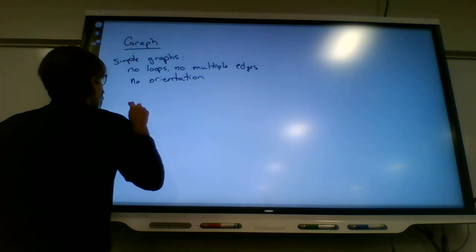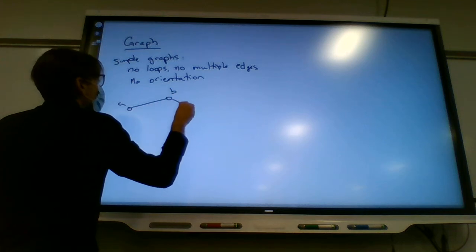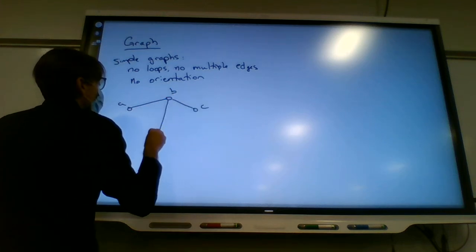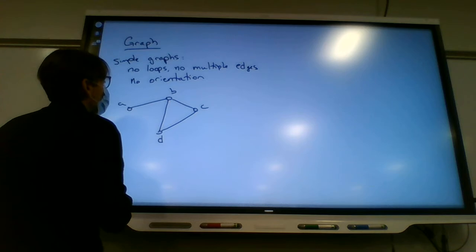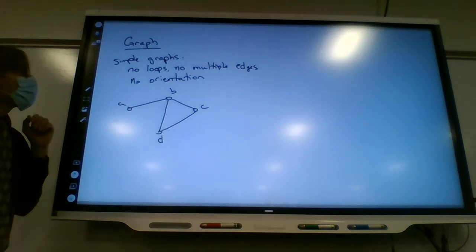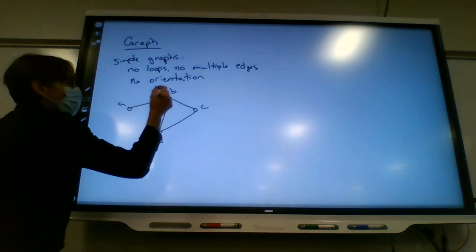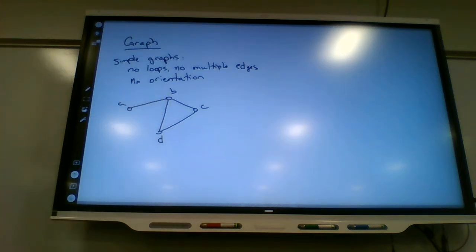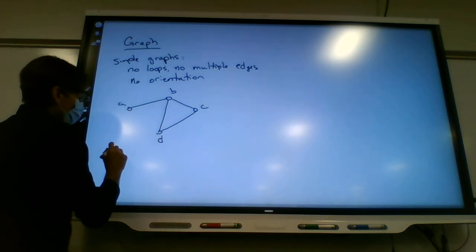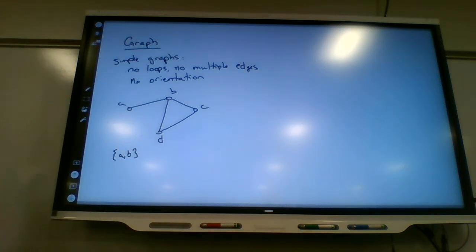Excuse me. All right, so let's say we have a graph. So when we talk about the edges, they are really pairs of vertices again. So we sometimes will write them down as a set, like AB.